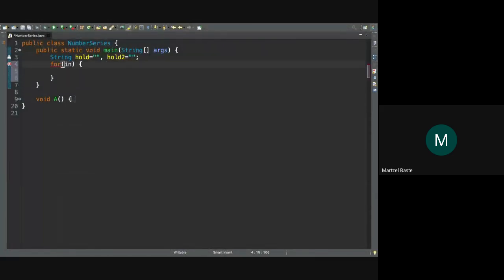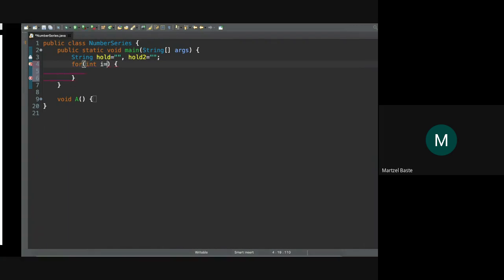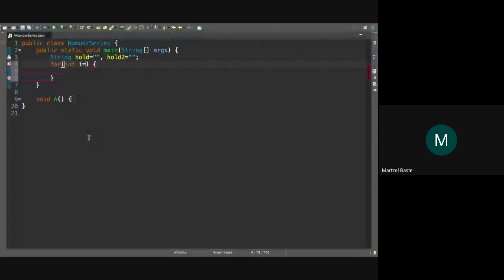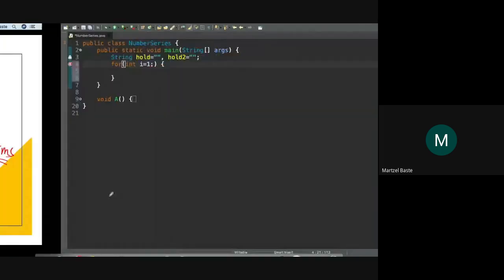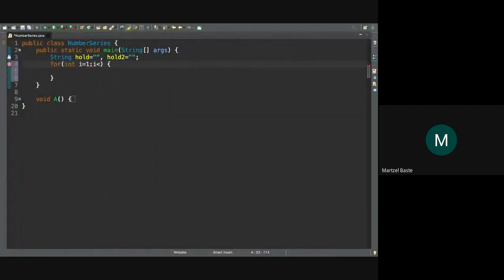Let's say for an instance, we have i equal to the lower limit, 1, and the upper limit is 5, so i is less than or equal to 5. The upper limit could be an input, meaning the user enters it. So let's say 5. And then we have i plus plus.